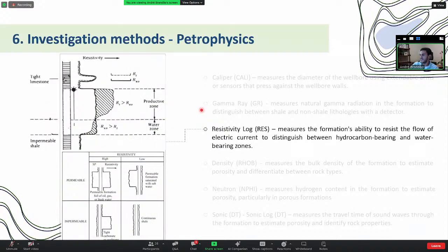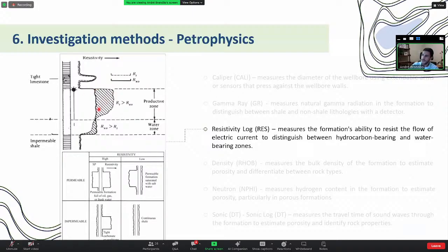We have resistivity logs. Basically, they measure the resistance of the rock to flowing electric currents. That helps us a lot to determine where we have oil, because oil is very resistant.